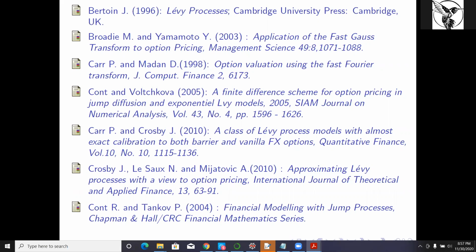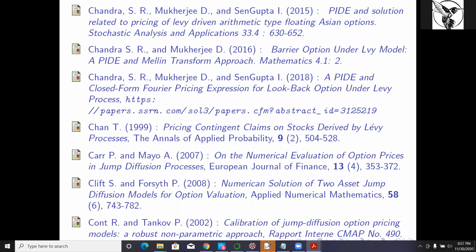This is also another interesting paper by T. Chan, where they describe contingent claim pricing in this particular paper.